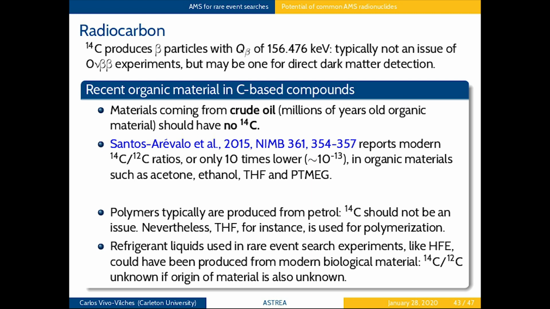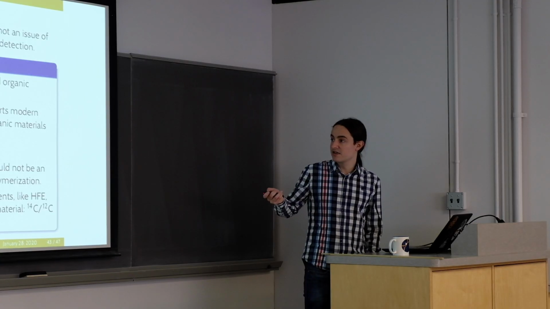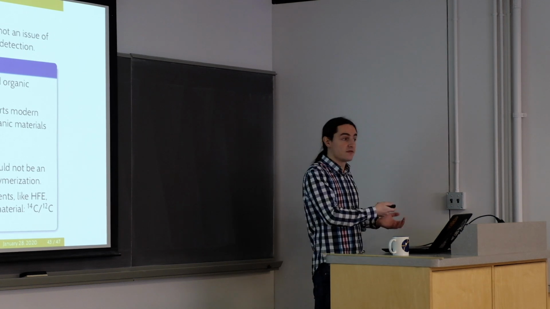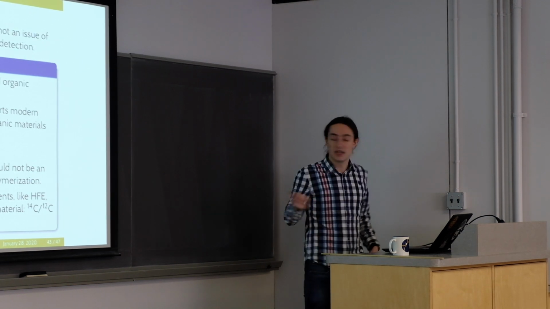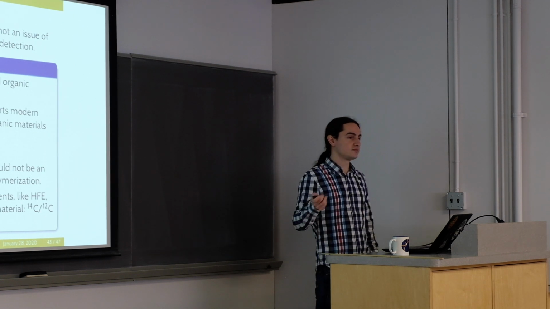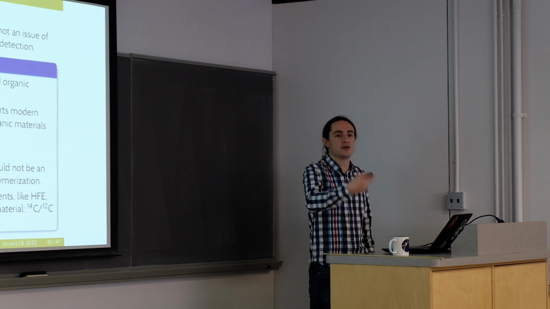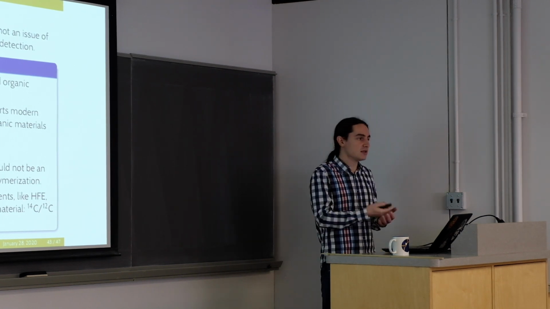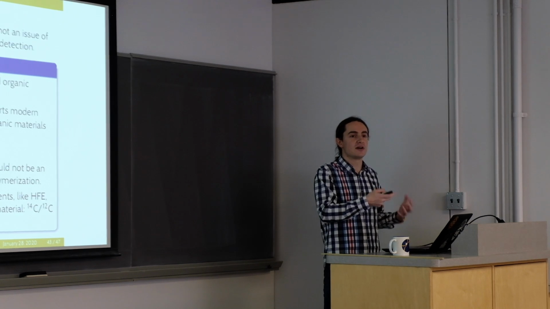But there is a paper in the bibliography where they measured these radiocarbon ratios in different materials like acetone, ethanol that are typically used, and for example THF, which is sometimes used for polymerization. They measured a ratio only 10 times lower than the one in biological material. So in this case, we would have some concentration of C14.